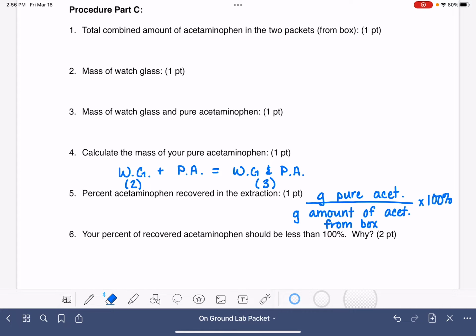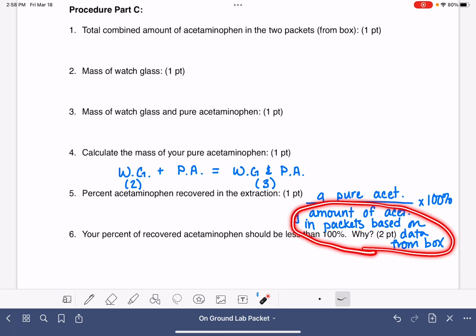I shouldn't say from the box. I'm going to say amount of acetaminophen in the packets based on the data from the box. So the amount that we started with in the packets, that's literally how much you started with, and you're trying to figure out how much of that you actually purified.